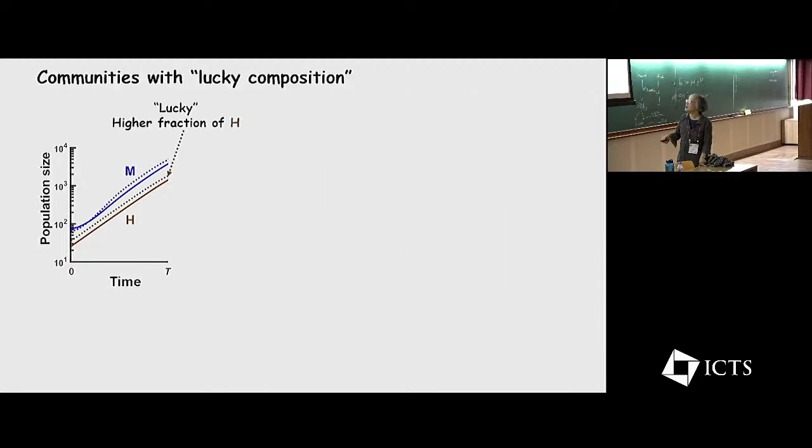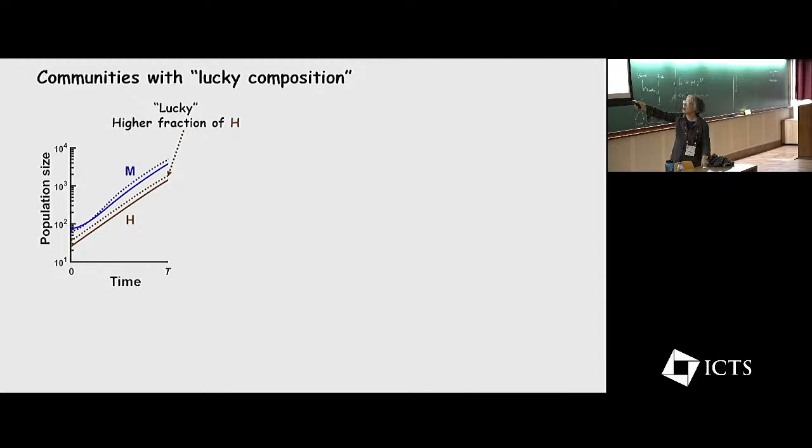Now suppose I start with a different community, I call it the lucky community, with the dotted lines. Just slightly, H is higher, and of course M is lower because the total size is fixed. Because H is higher, M endures slightly less lag.